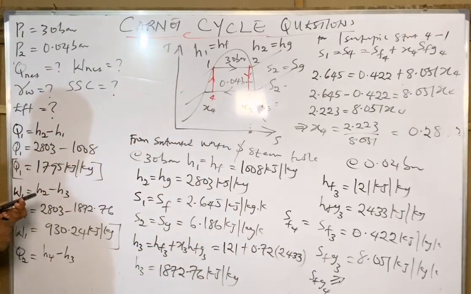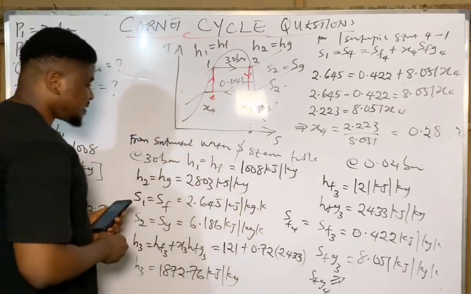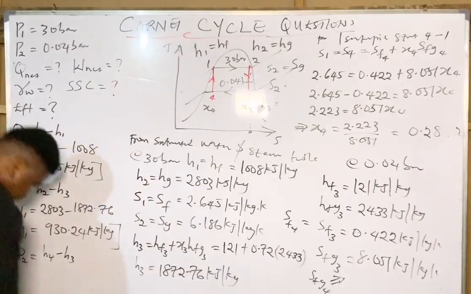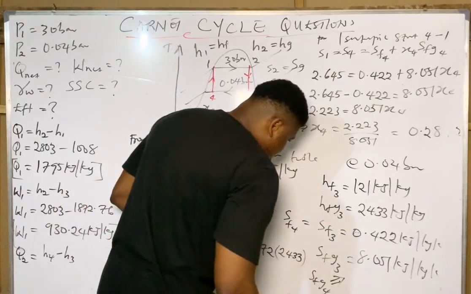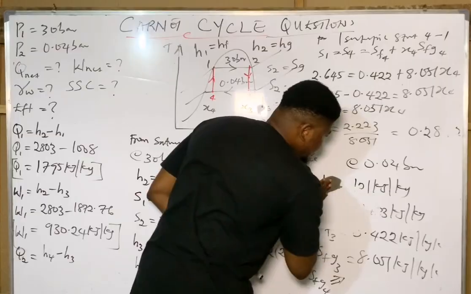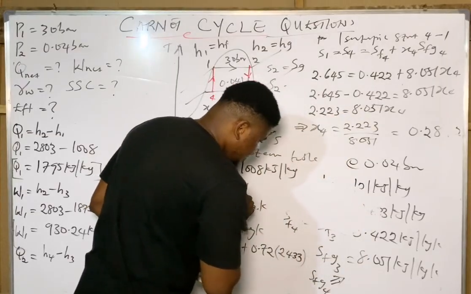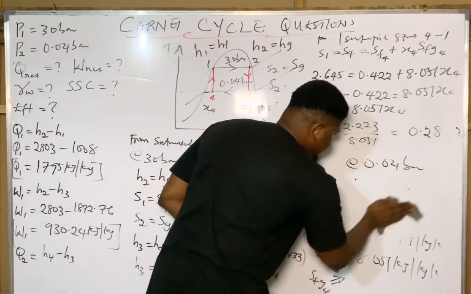If we know this, we can now plug into the equation to find the enthalpy at state 4. I think at this point I'll take this off. I don't know if I'm supposed to be doing this again, but I've already taken it off.